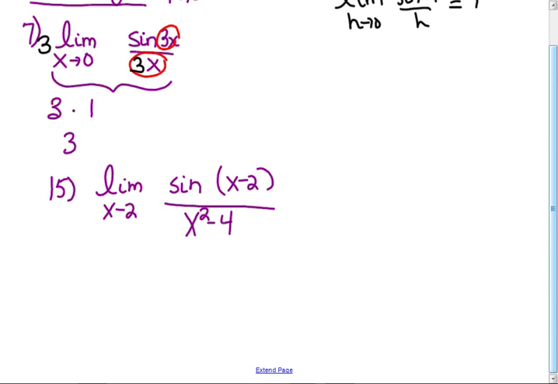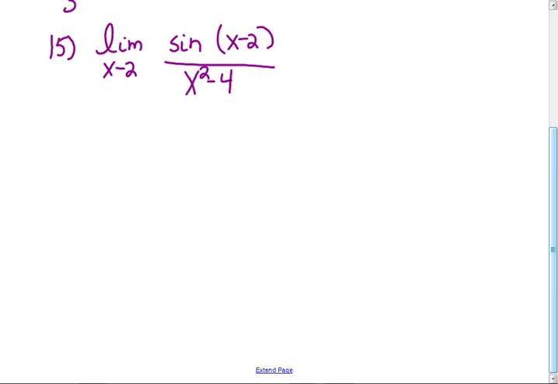Okay, what happens when I put in 2? We haven't seen anything like this. If you remember, you always substitute, and I get the sine of 2 minus 2 over 4 minus 4. So I get 0 over 0, right?